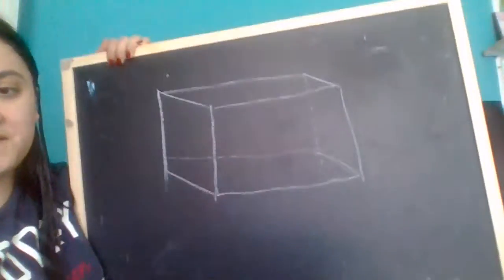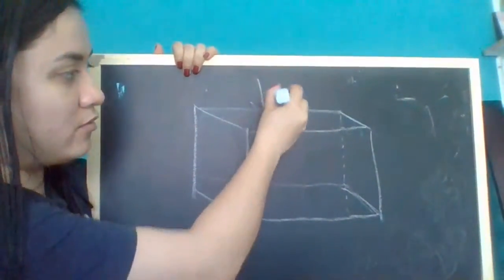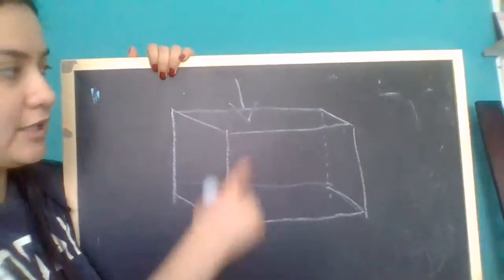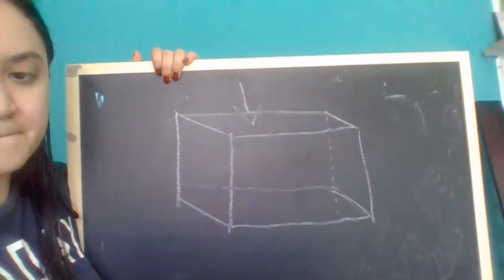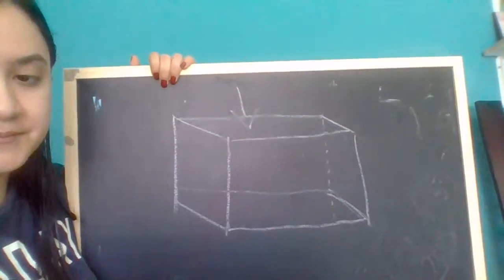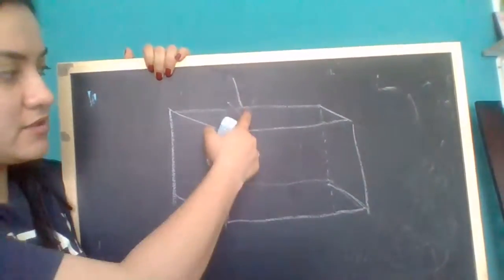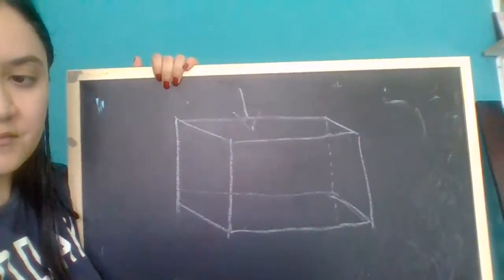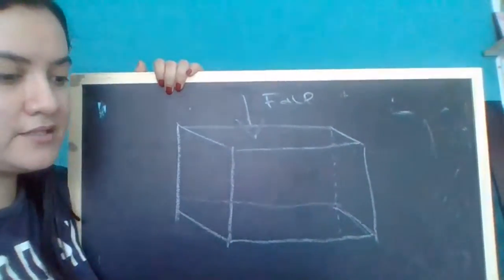Okay, so we have this figure over here. This part over here is called a what? Can someone name me the name of this part of this figure? Face. Very good. We call it a face, right?